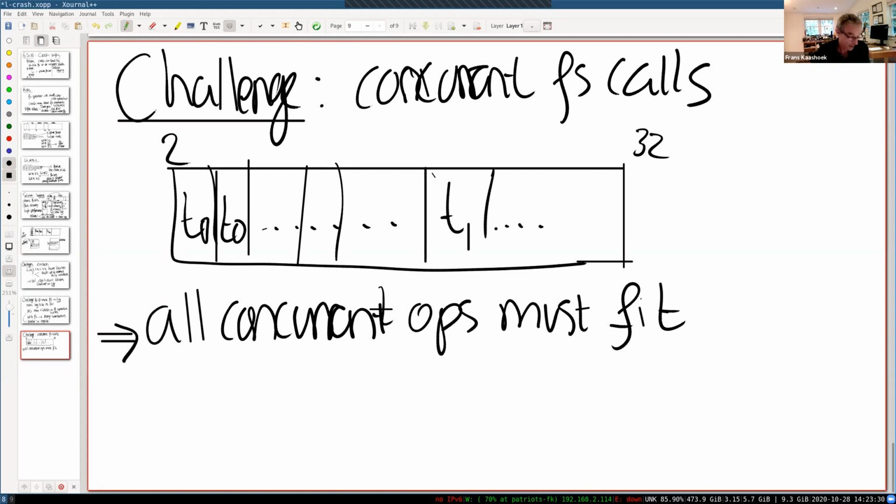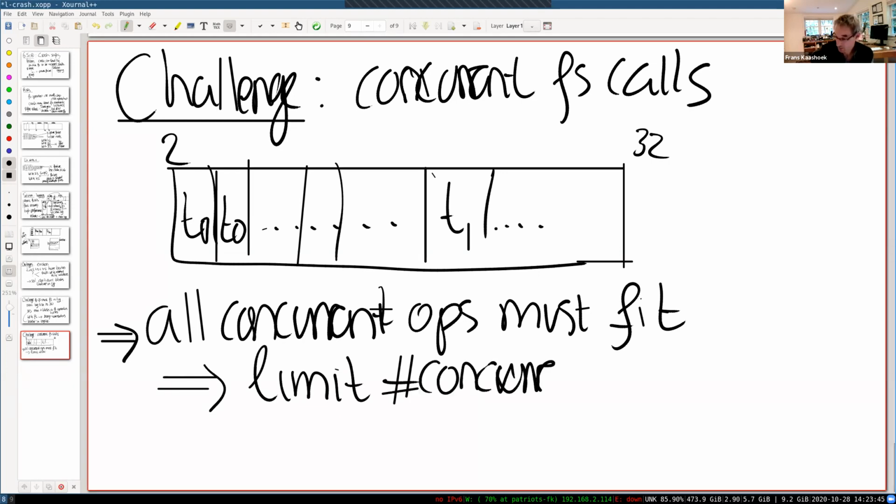And the way xv6 gets around this is that it limits the number of concurrent file system calls. The way it works is that in begin op, we see how many outstanding concurrent file system operations are in progress.